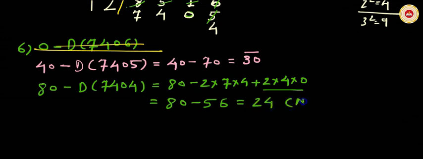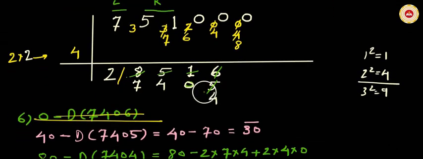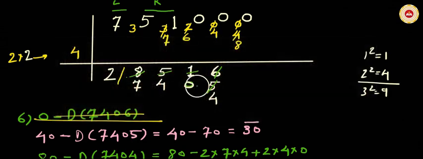Now this is a positive net dividend. And friends, if you want more decimal places in the answer, then continue with this net dividend. Already we have reached 3 decimal places, which was our target.